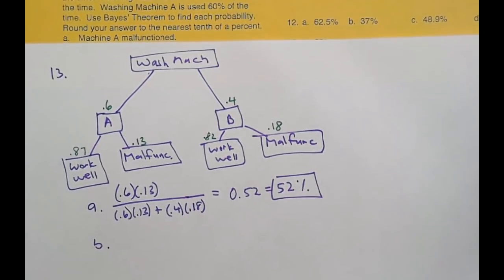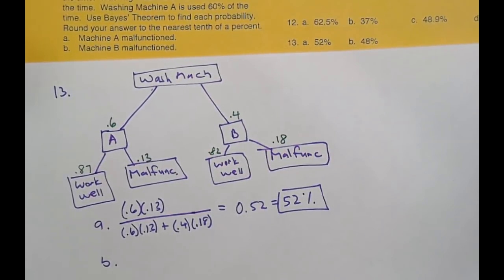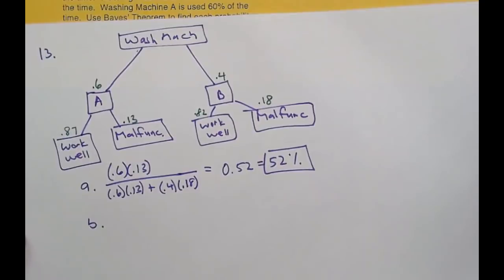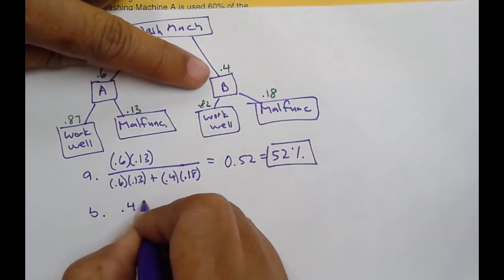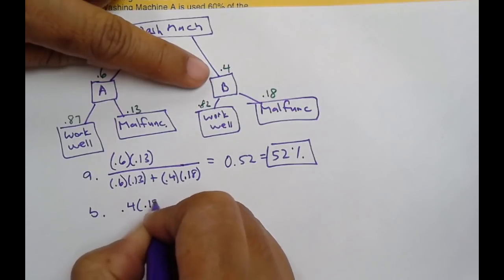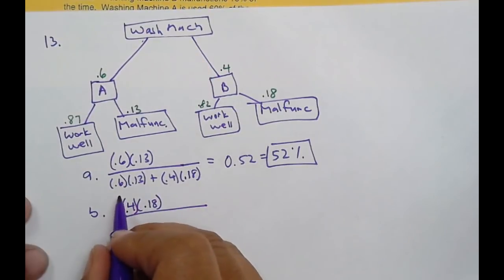All right, part B, machine B malfunctioned. Okay, so the only thing that changes is really the numerator. So we're going to start with B malfunctioning. So that's going to be 0.4 times the 0.18, and then divided by the malfunctioning for both.